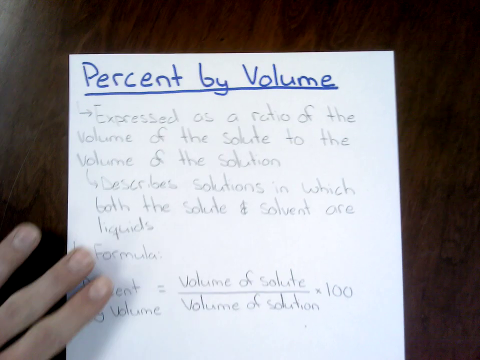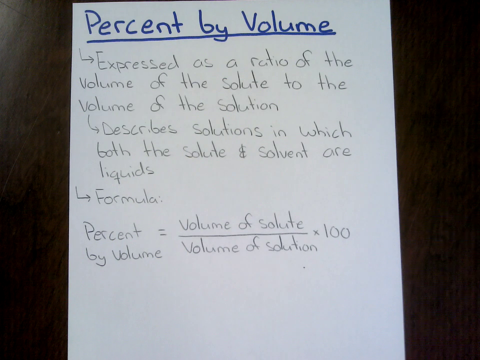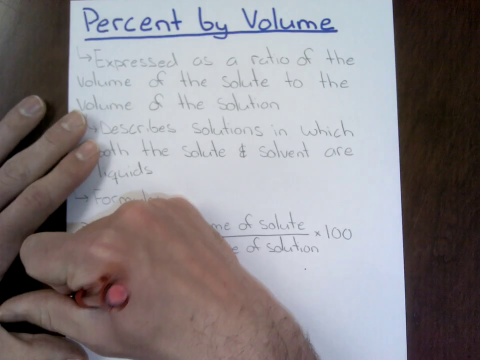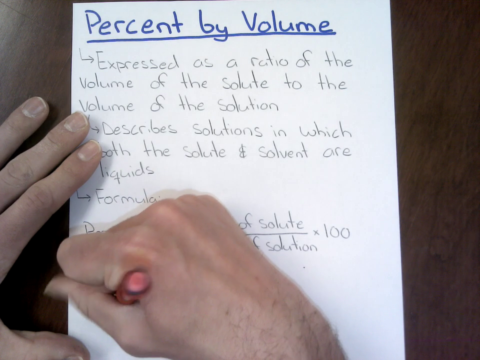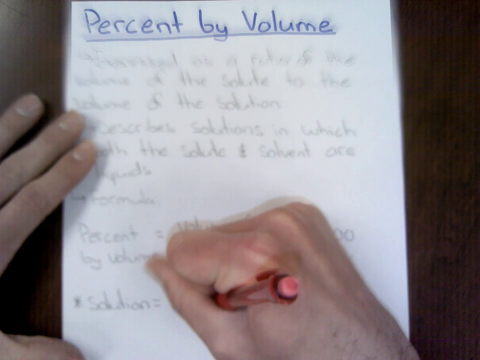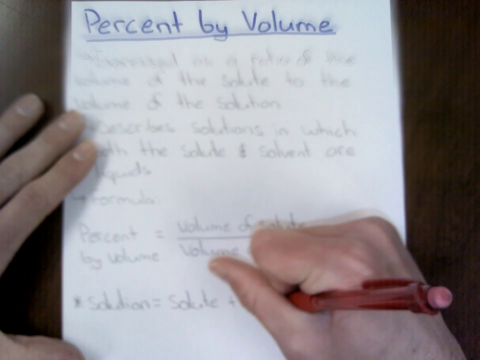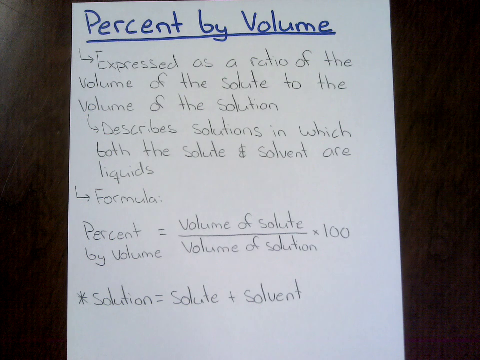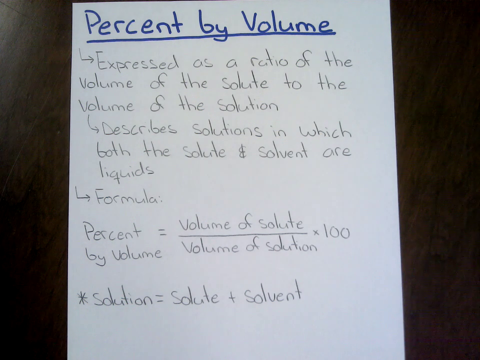So now we need to have this in mind once again. I'm going to write it down. We had it with percent by mass, but our solution, it's very important to remember, the solution is comprised of the solute and the solvent. So when you find the volume of the solution, you need to add together both the solute and the solvent. Okay, so let's go ahead, let's utilize this information to solve an example problem.